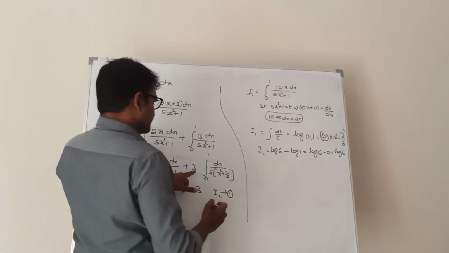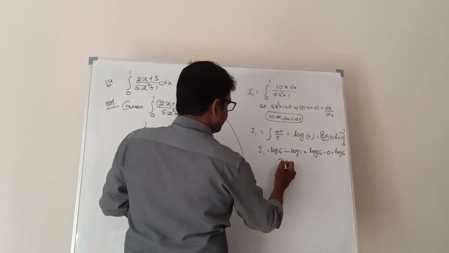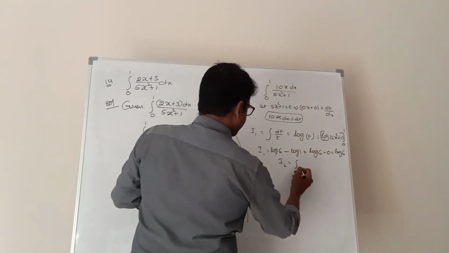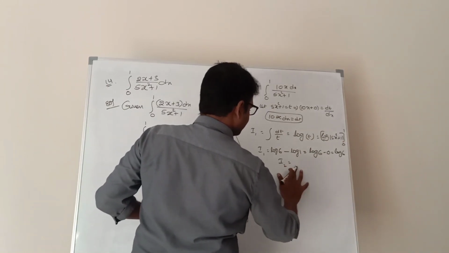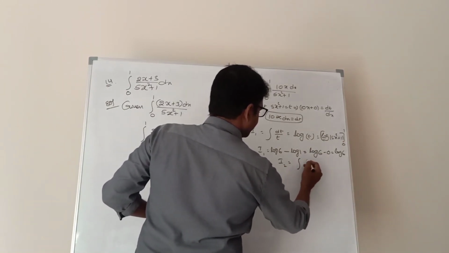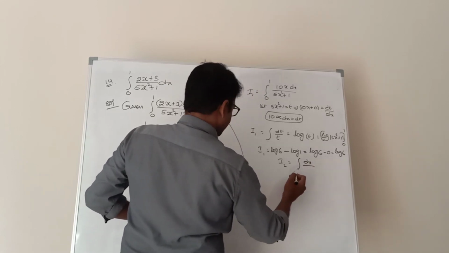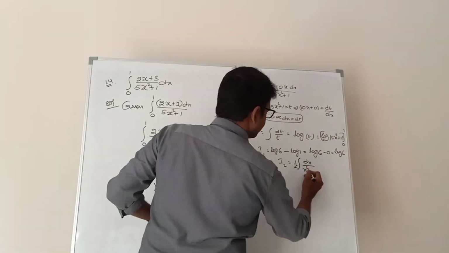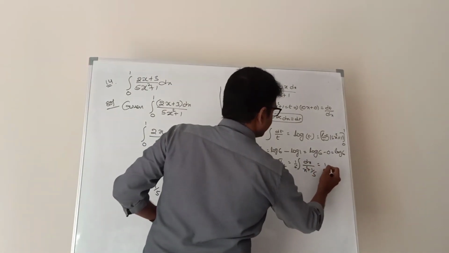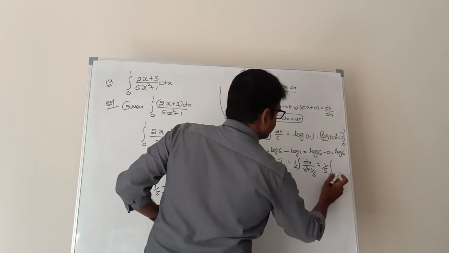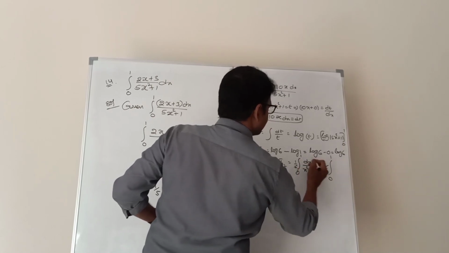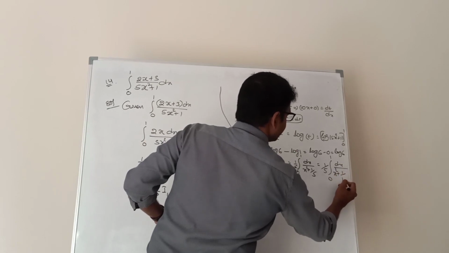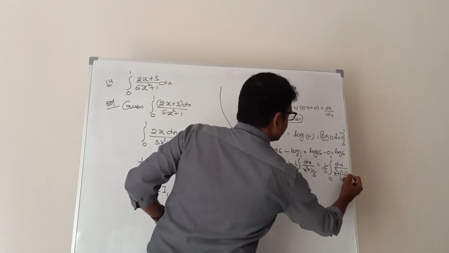Next, I2. What is I2? I2 is equal to the integration of dx by, taking 5 out, 1 by 5 into x square plus 1 by 5. That is 1 by 5 into the integral from 0 to 1 of dx by x square plus 1 by root 5 whole square.